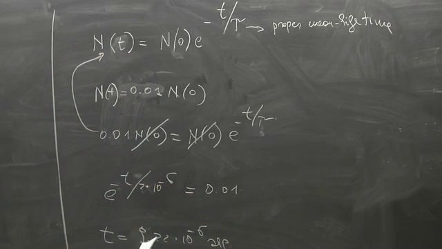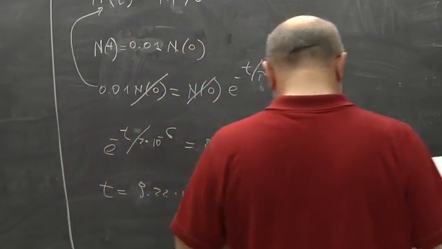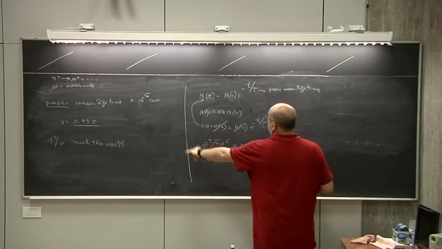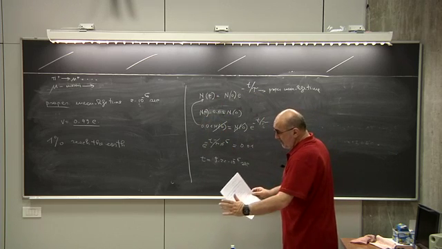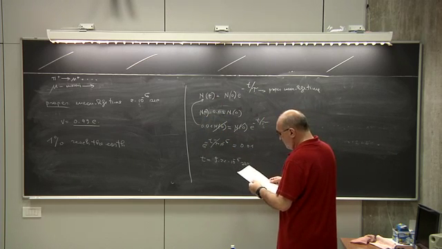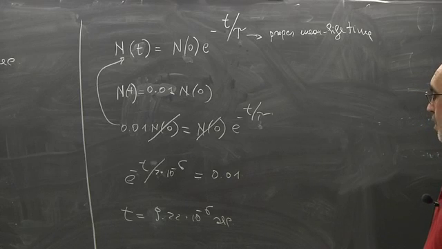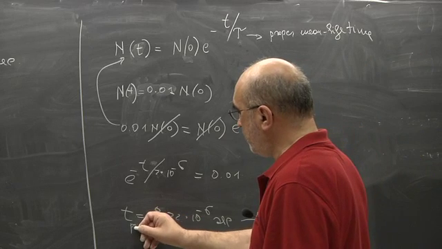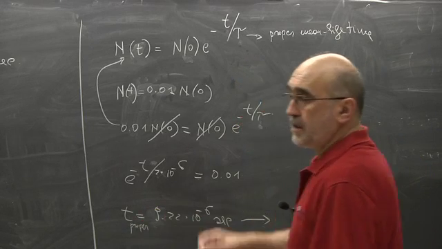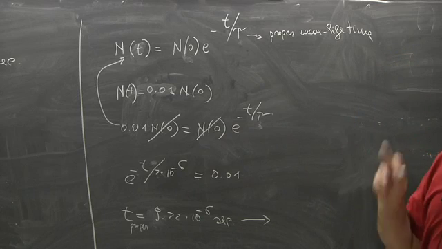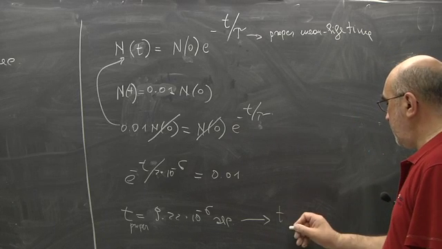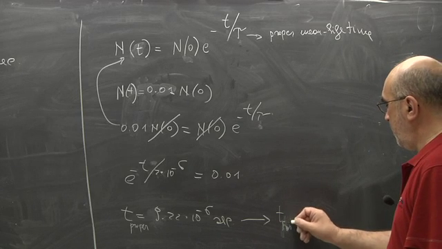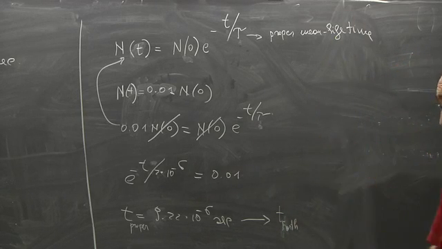But remember that here we used the proper lifetime. So this is the time in the proper frame, that means riding with the mu particle. So we have to transform this, because they want to know the distance and we are looking from the Earth. We have to transform to the time on the Earth, not riding the particle, but seeing the particle.